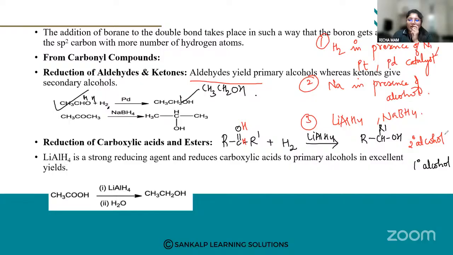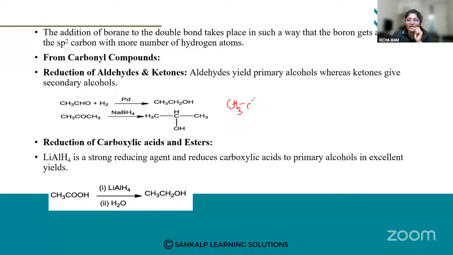So aldehydes are reduced to primary alcohols, and ketones are reduced to the corresponding secondary alcohols by using these reducing agents. Let me take an example for a ketone.